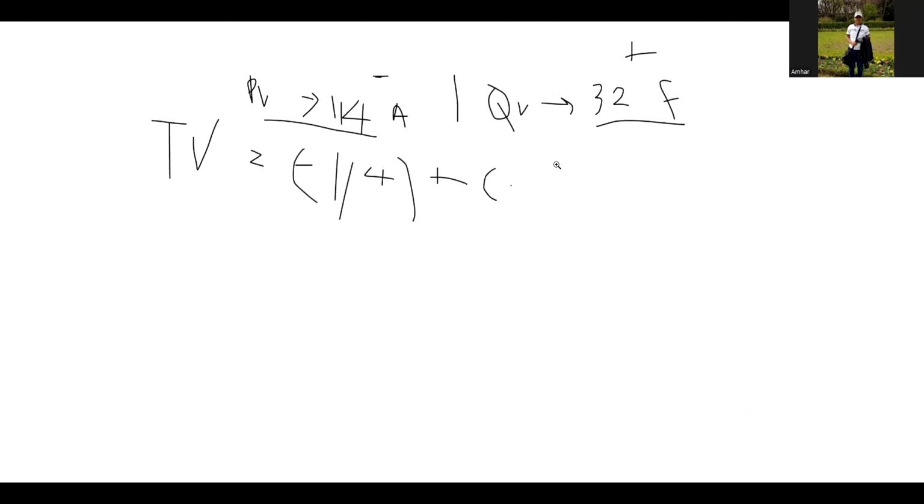And then just plus 32. So if you do this in the calculator, plus and plus will anyhow be plus. Okay, so minus 114 plus 32 is 82. Is it minus or plus 82?